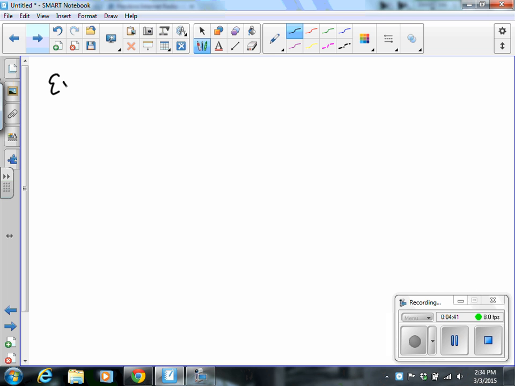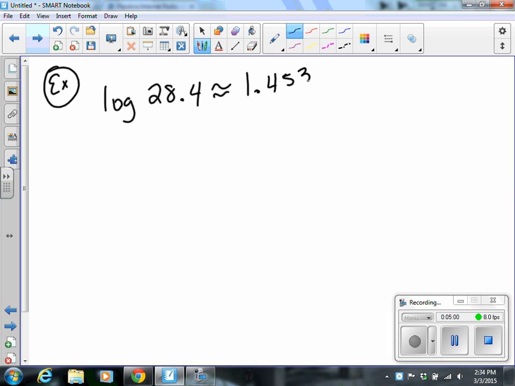Let's say that I have the log of 28.4, and I want to find the mantissa and the characteristic. So what I'm going to do is plug the log of 28.4 right into my calculator to see what it equals. This is approximately 1.4533. Just to give you a heads up, the book will ask you for 4 digits after the decimal place.